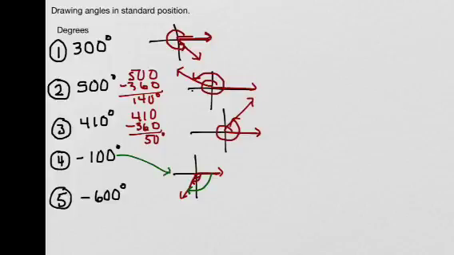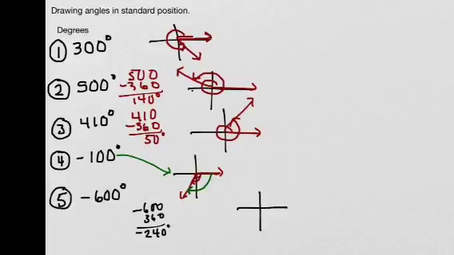Okay, for the last one, negative 600, so we're going to add negative 600 plus 360. So you subtract and you get negative 240 degrees. And so what that means is, we're going clockwise because it's a negative angle.